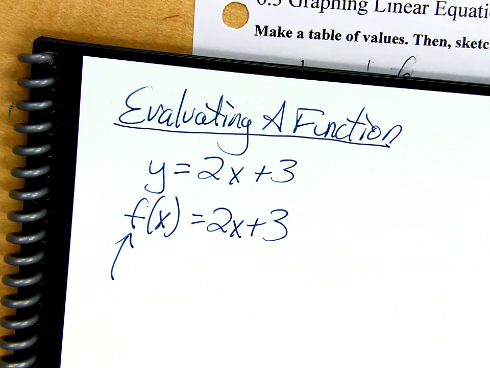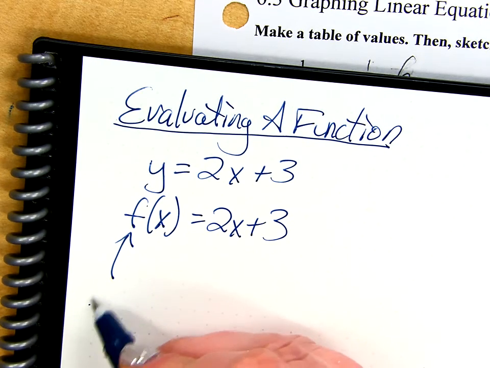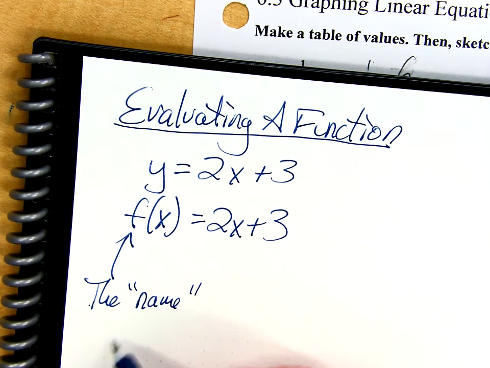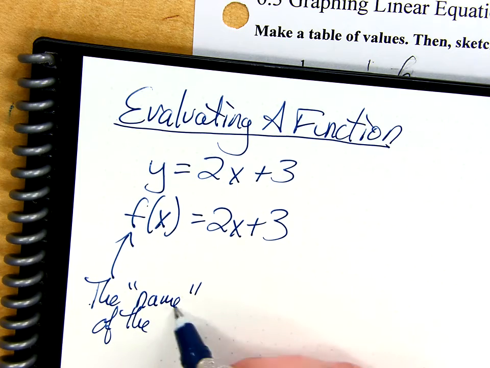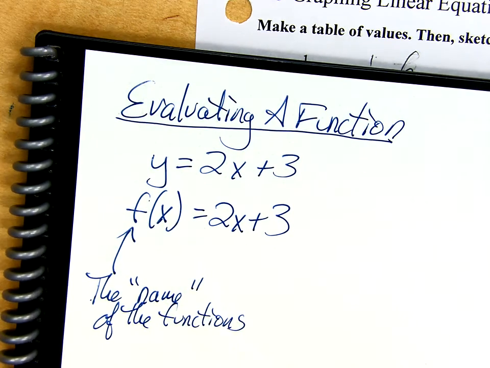If I have another function, I usually call it g, just because we go alphabetically after f. If I have a third function, I'm going to call it h. That's all that is. So this first letter is just the name of the function. It tells you which one you're using. So if I have f, I know I'm dealing with the f function.